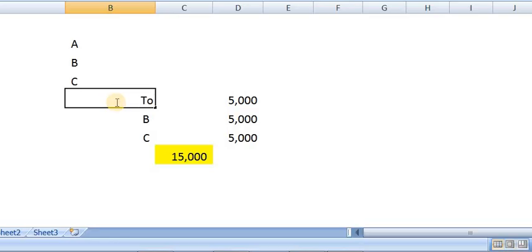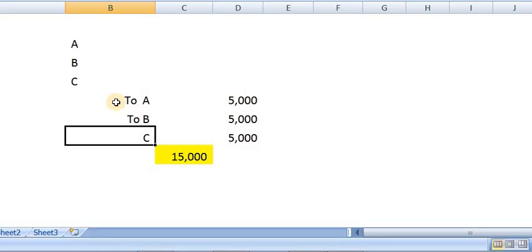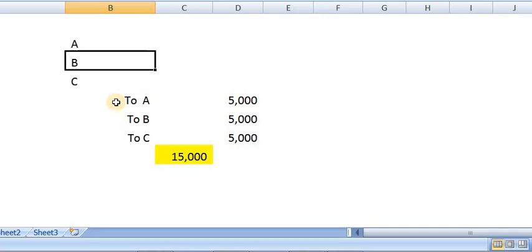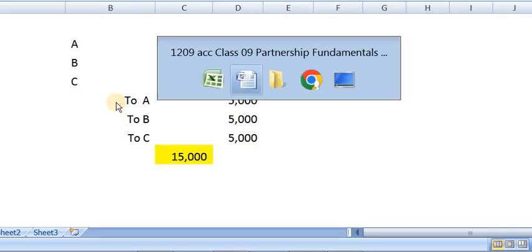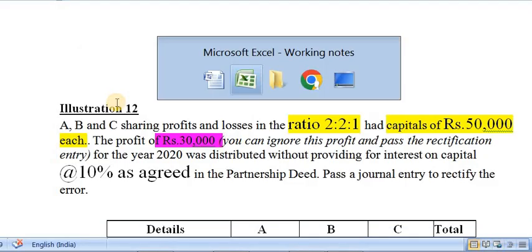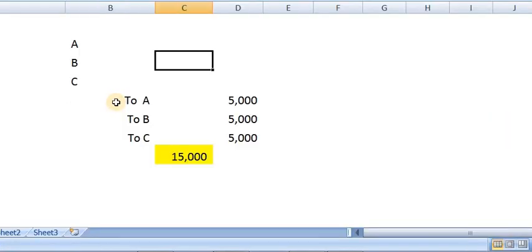To A, to B, to C. You have to give them 5,000 each. And we have to take back 15,000 in the ratio 2:2:1.